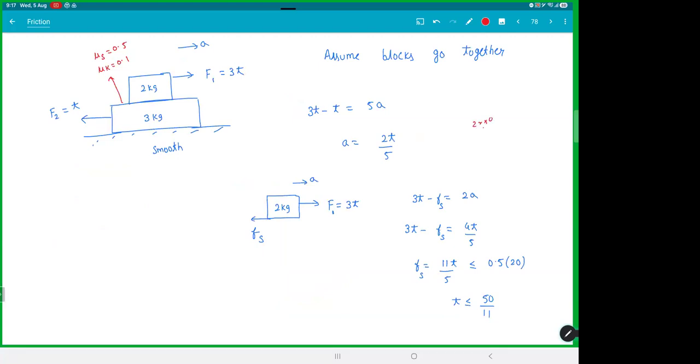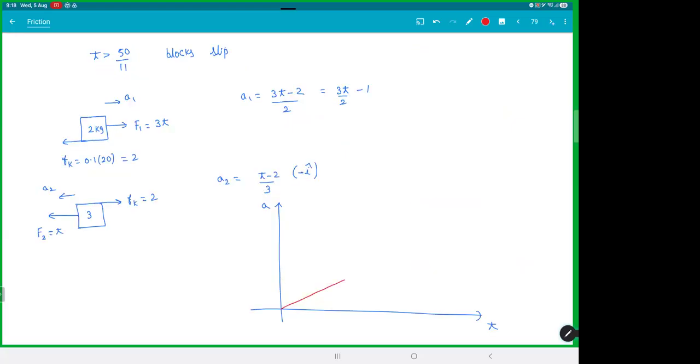So if I put 50 by 11 here, how much will I get? 2 into 50 by 11 by 5, that is 20 by 11. So you will reach till 20 by 11. If I substitute 50 by 11 here, that would be 3 by 2 into 50 by 11, which is 75 by 11, minus 1, 64 by 11.